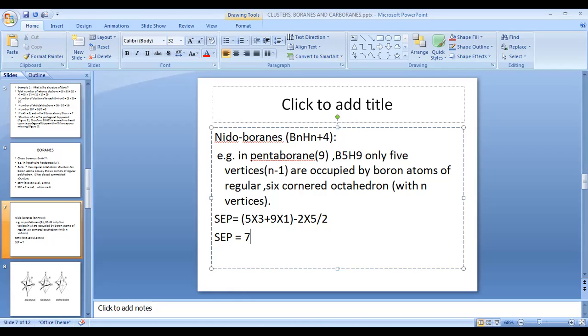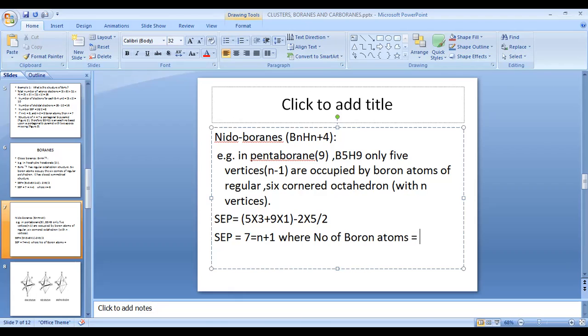Now this 7 further equals n plus 1, where the number of boron atoms is equal to n minus 1.